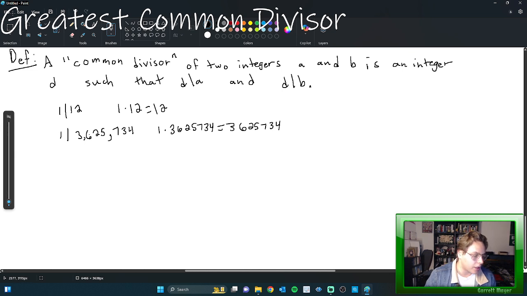And then also the number of common divisors of any pair of numbers is finite. Because of this, one of these divisors is going to be larger than all the other divisors, which is where we get this concept of the greatest common divisor that we're going to discuss. So let's look at another example. Let's look at 8 and 12.